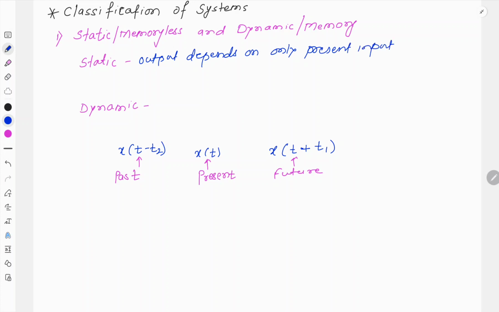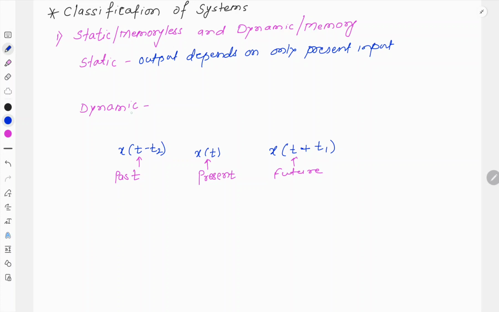Therefore, if we have the equation of the type like y of t is equal to x of t, so y of t will depend on only and only x of t, and x of t is the present input, hence the system will be classified as static system.